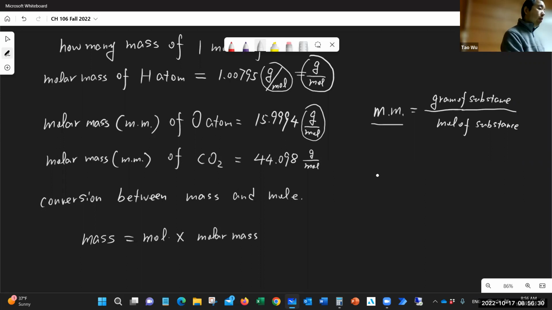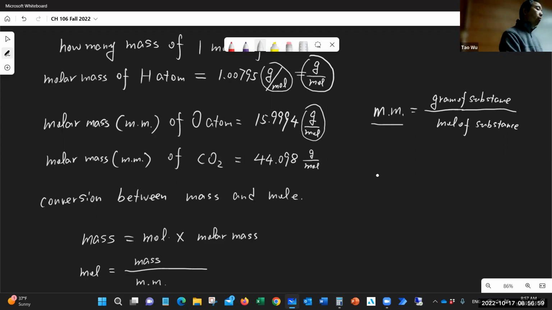And then if you want to figure out the mole, mole is not equal to molar mass times mass. Mole should be equal to mass over molar mass. Those are two different things.